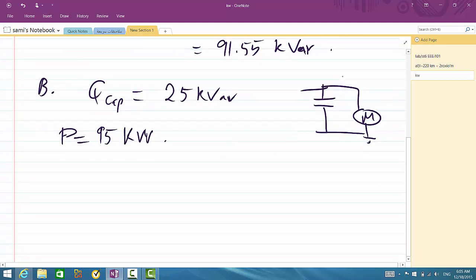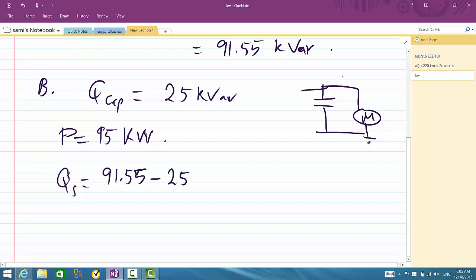The only thing that will change is the reactive power drawn from the source, and this will equal the reactive power drawn by the motor without the capacitor bank, minus what the capacitor bank is supplying to the load. So we will have 66.55 kilovar that will be taken from the source.